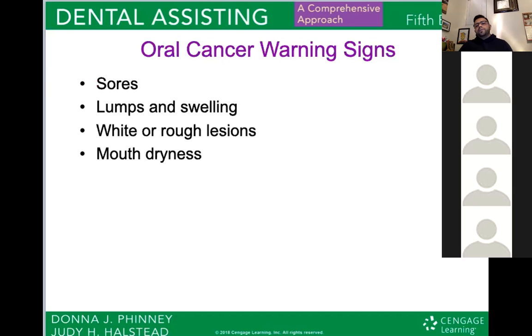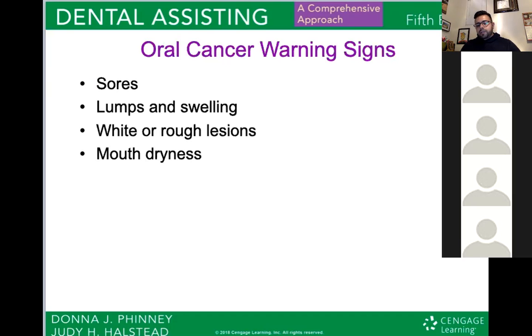Okay, so oral cancer warning signs include sores, lumps and swelling, white or rough lesions, and unexplained mouth dryness. The white or rough lesions can be in the mouth or the lips. If you notice lumps or swelling, it's usually in the mouth, lips, or the neck.